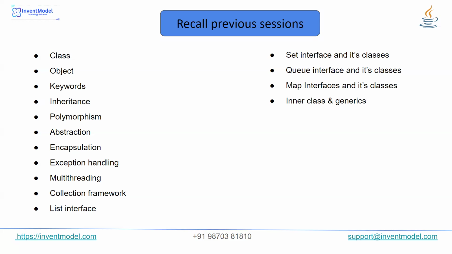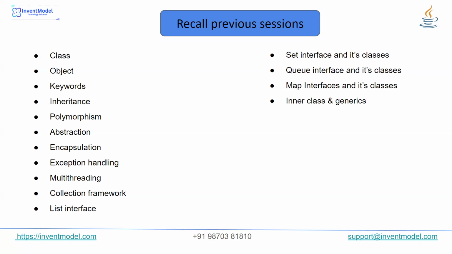Now let's discuss what is inheritance in Java. Basically, inheritance in Java is part of the OOP concept by which we can extend the parent class properties in our child class. Basically three types of inheritance are supported in Java: single level, multi-level, and hierarchical.